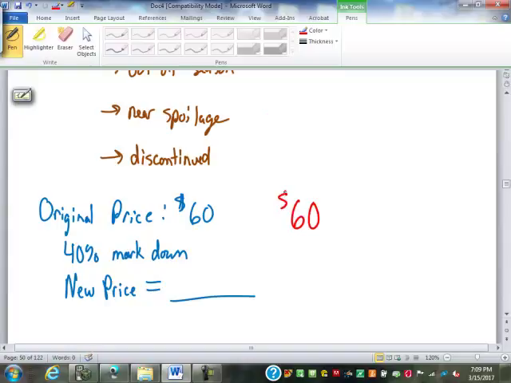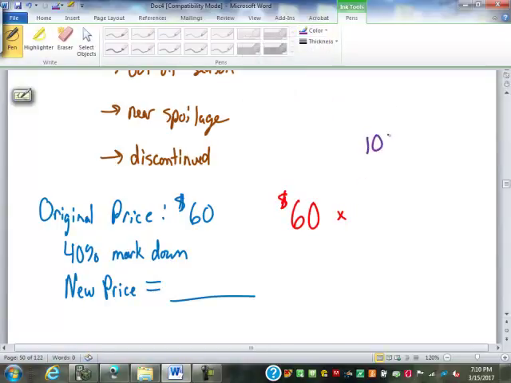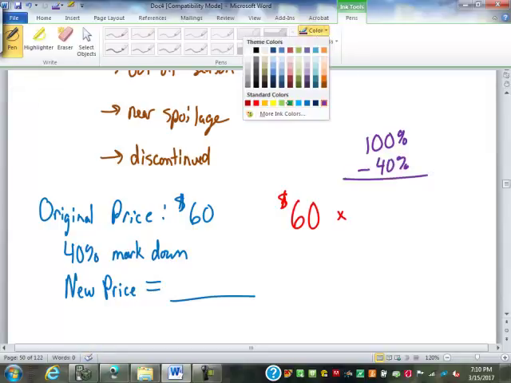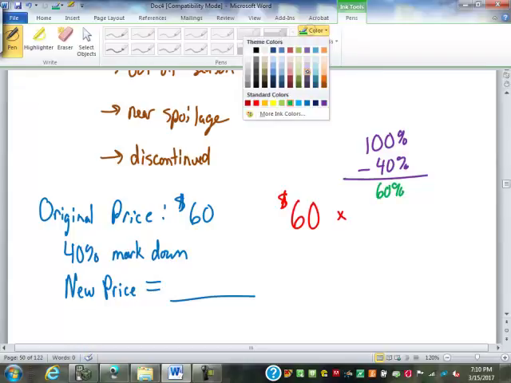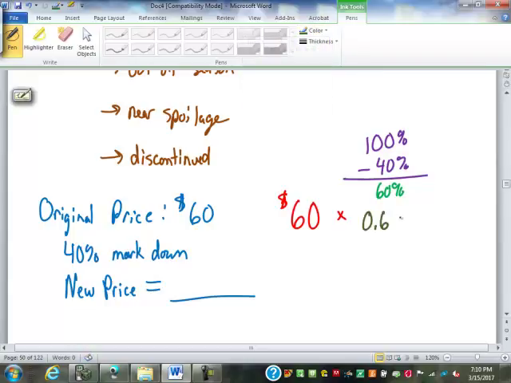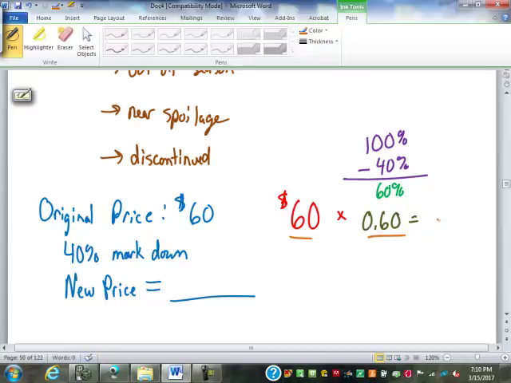So we got our $60. We're going to multiply by the complement of the discount. So 100% minus 40% makes 60%, or 0.6. So $60 times 0.6 is $36, the new price.